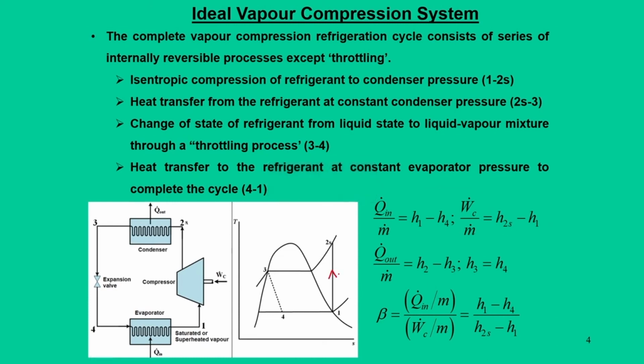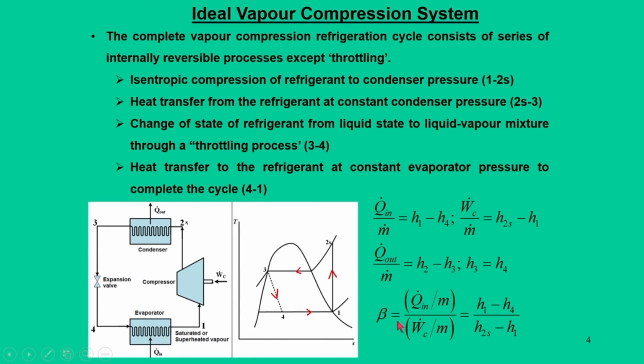In the TS plot, the thermodynamic diagram shows 1 to 2S as the compression process, 2S to 3 the condenser process, 3 to 4 the throttling process, and 4 to 1 the evaporator process. For this we can calculate the cooling load in the evaporator, that is Q dot in by m dot, which is h1 minus h4. The compressor load, W dot C by m dot, is h2S minus h1. The condenser load, Q dot out by m dot, is h2 minus h3, and in the throttling process it is h3 minus h4.